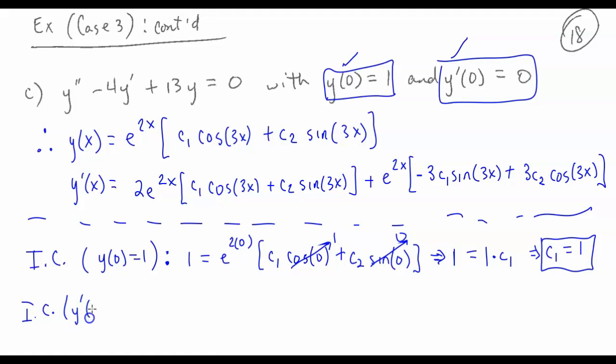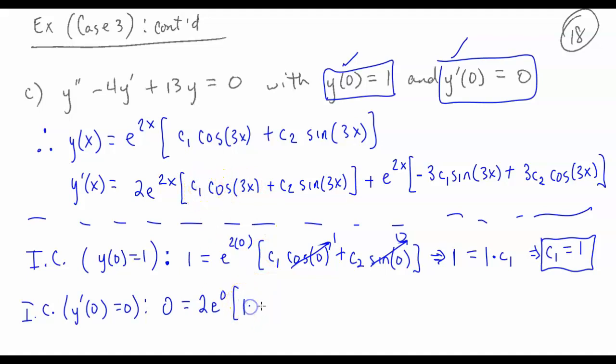For our second initial condition, again, going to say y prime of 0, of course, put in a 0 there. All that's going to equal 0. And again, the same thing. 2e raised to the 2 times 0 is 0. My c1 here is 1.